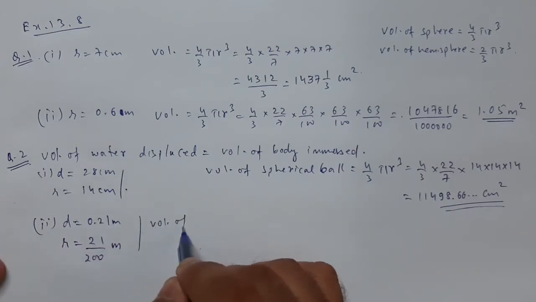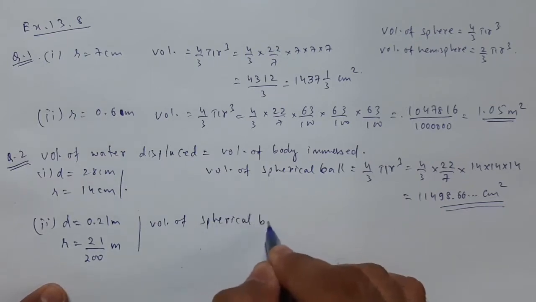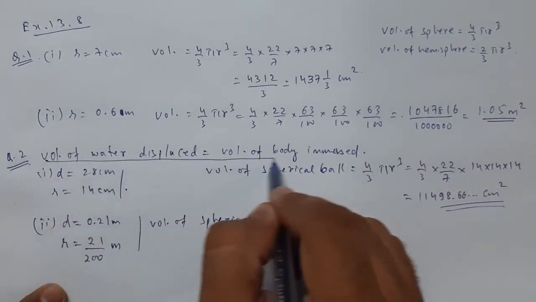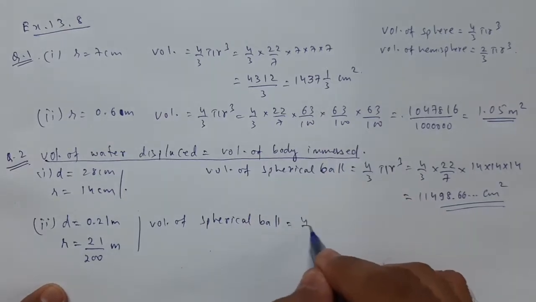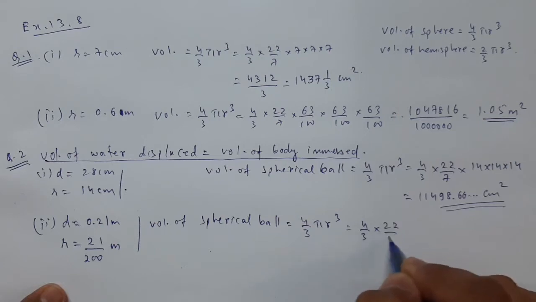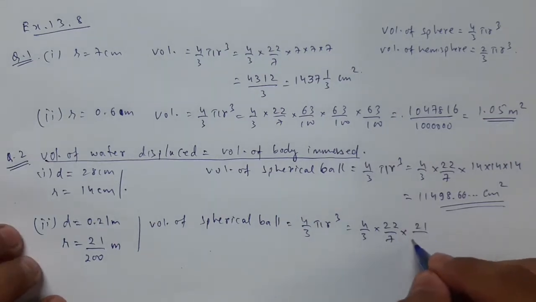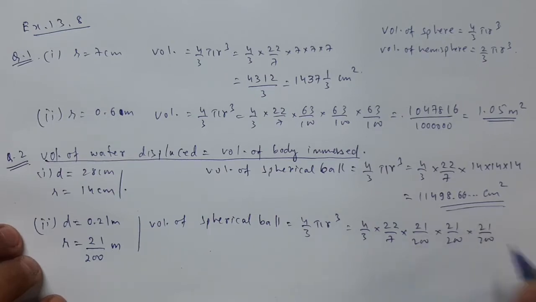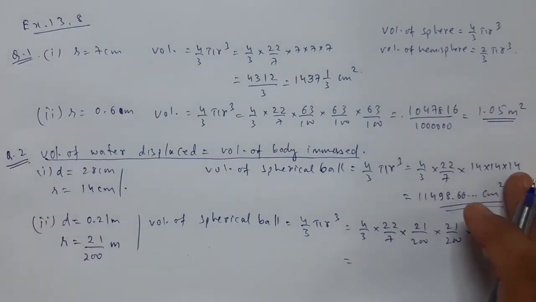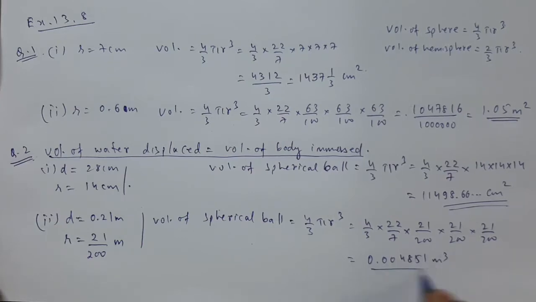Volume of spherical ball is equal to 4 by 3 pi r cube, that is equal to 4 by 3 into 22 by 7 into 21 by 200 into 21 by 200 into 21 by 200. That is equal to, if you calculate it, you will get answer as 0.004851 meter cube.